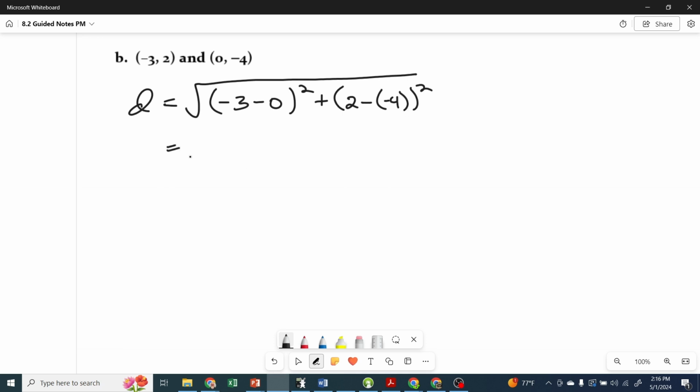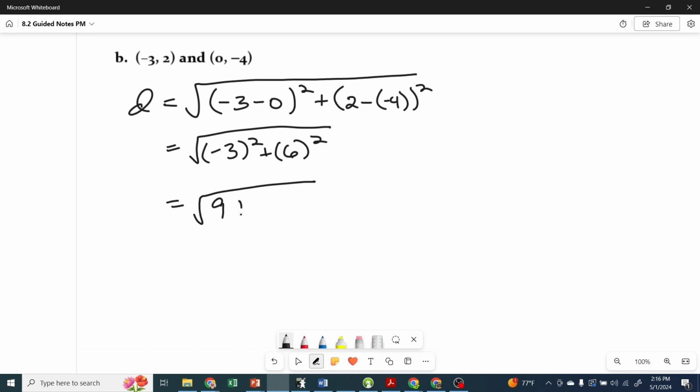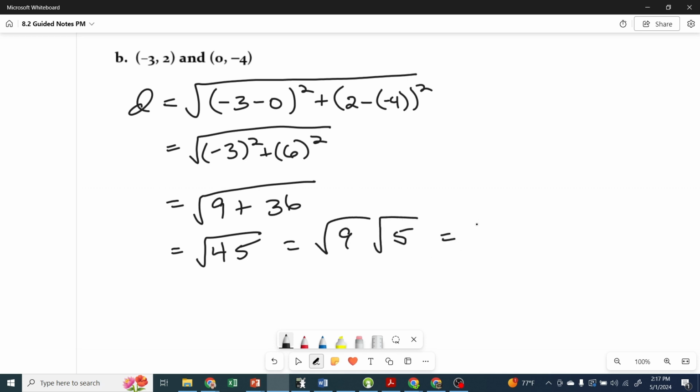Okay, so this is equal to negative 3 squared plus 2 minus negative 4 is 6 squared. So I end up with the square root of 9 plus 36, which is equal to the square root of 45. The only perfect square that goes into 45 is 9. So my final answer is 3 square root of 5.